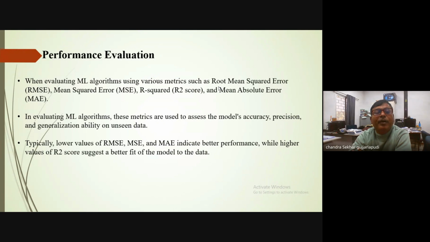Typically, lower values of RMSE, MSE, and MAE indicate better performance, while a higher value of R2 suggests a better fit of the model to the data. So after making the model, we have to check its performance based on these metrics.